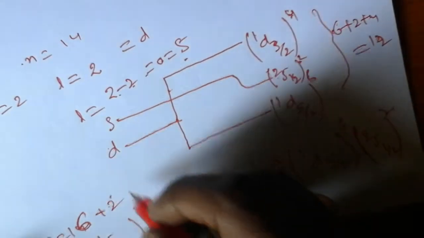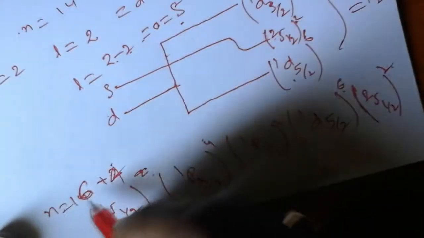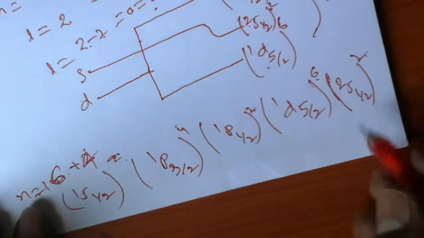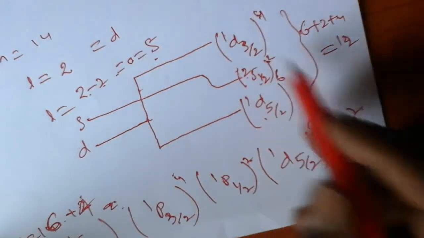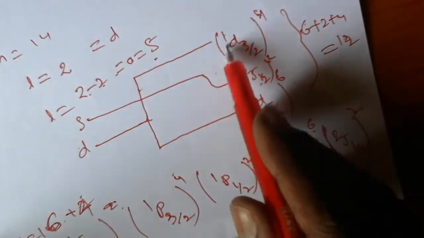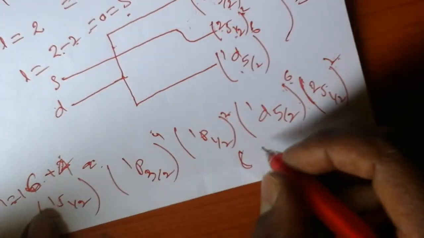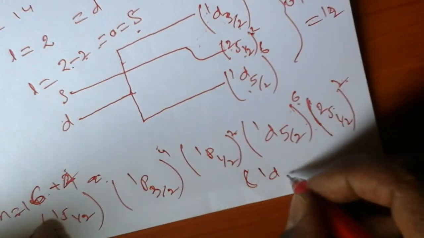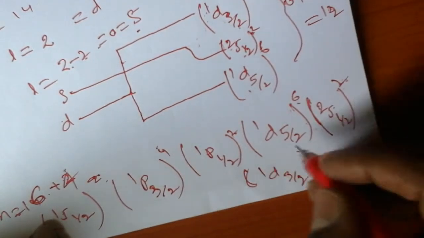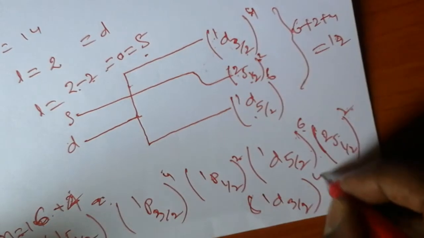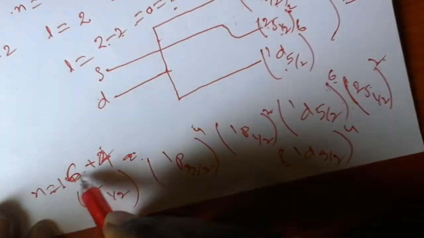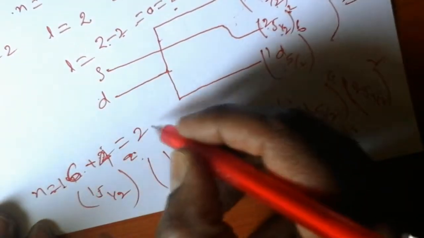If you write it, 4 is there, n is equal to 4, which means after s to the power of 2, which is over now, the remaining is 1d 3/2 to the power of 4. So next will come 1d 3/2 to the power of 4. If I calculate, 16 plus 4 is 20.